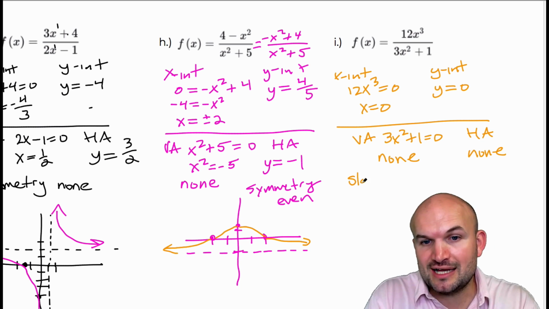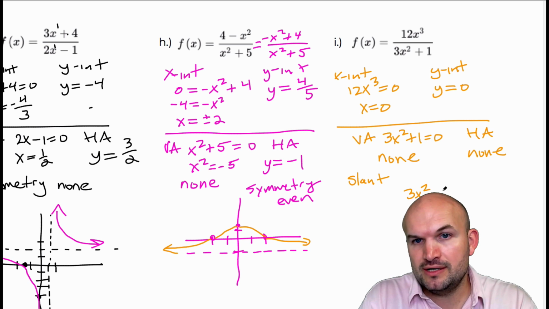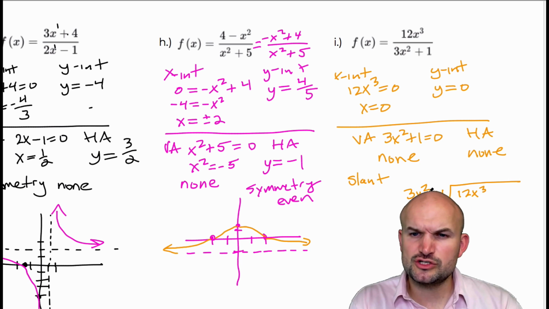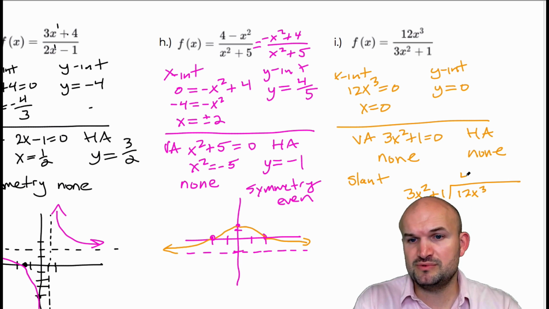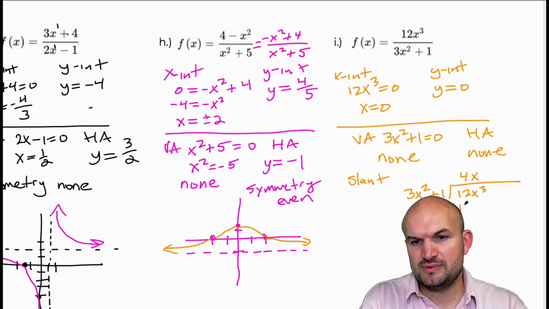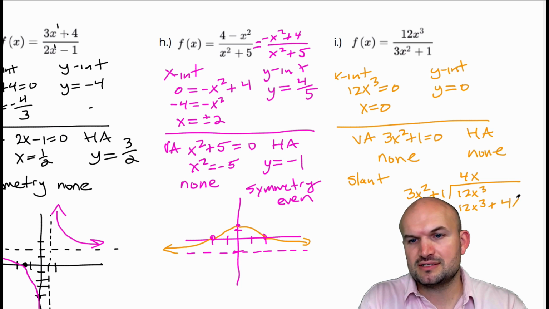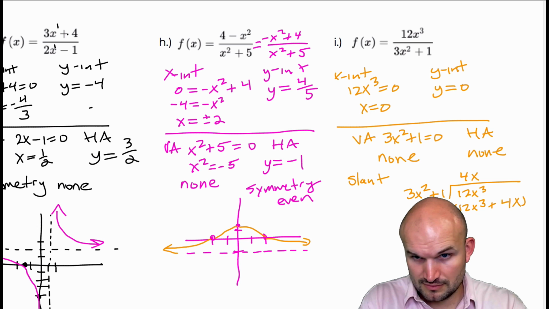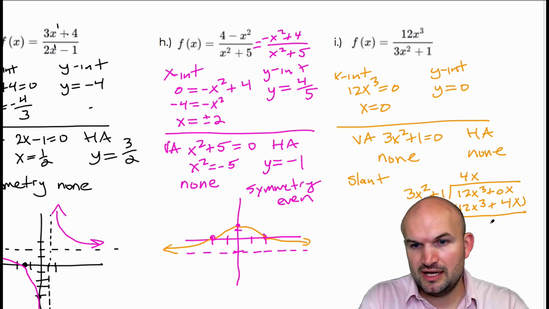All right, so I'm going to have 3x squared plus 1 divide into 12x cubed. So 3x squared divides into 12x cubed 4x times. 4x times 3x squared is going to be 12x cubed. 4x times 1 is a positive 4x. When I subtract my terms, this could be a 0x there as a placeholder, and you get a negative 4x.